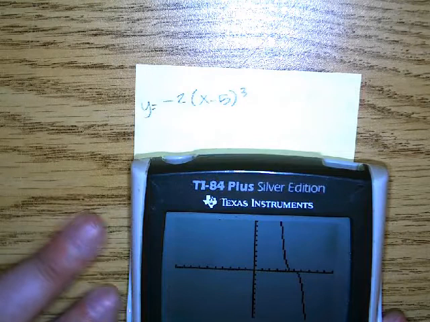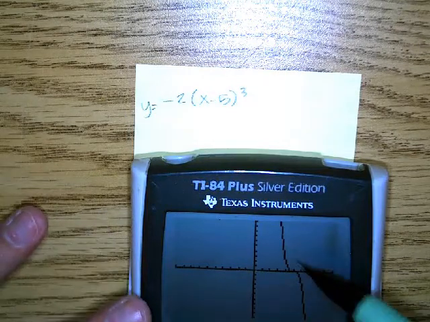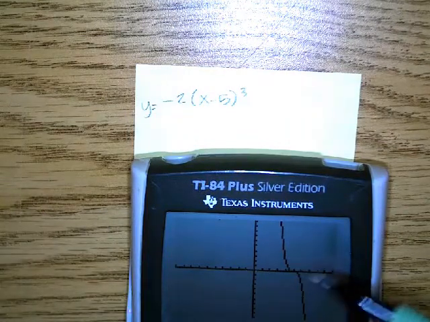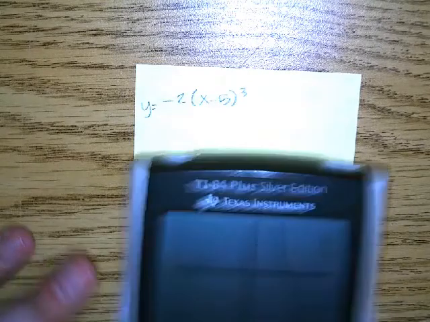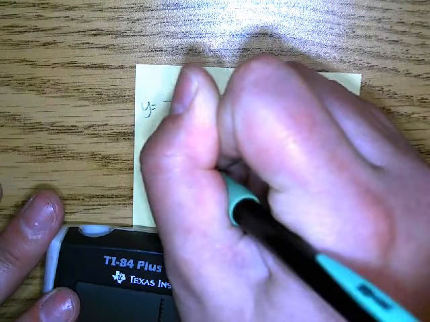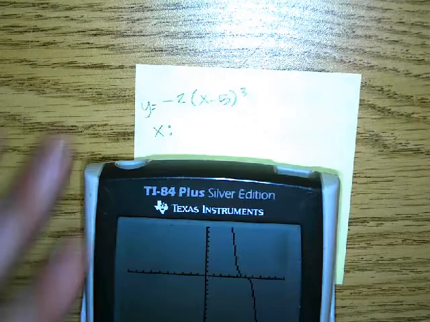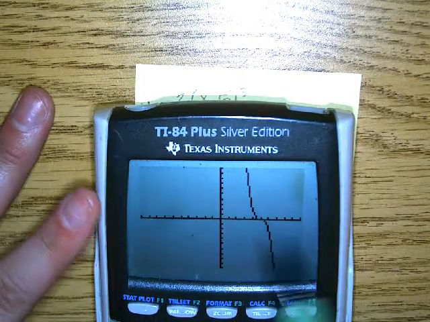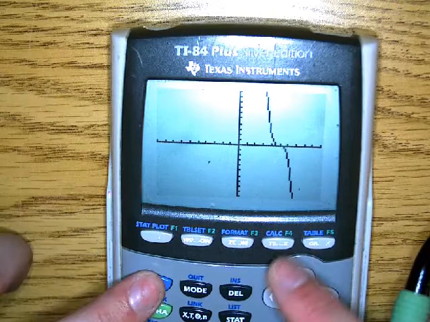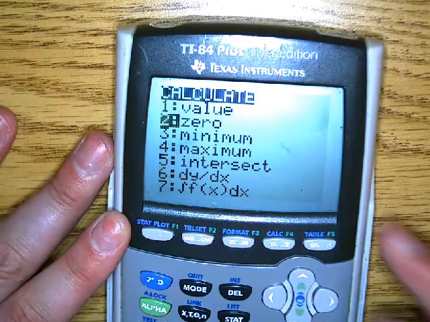Okay. So the y-intercept is not on the screen, but you can find it just fine. There's only one x-intercept, and it's somewhere between 0 and 10. I don't know where it is, but it's somewhere between there. So for the x-intercept, I'm just going to do second trace, option number 2.